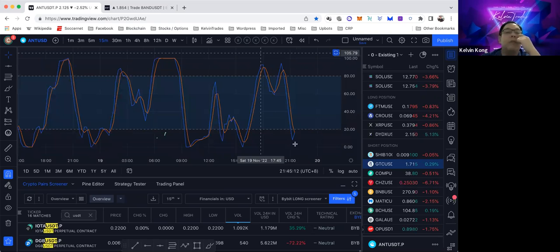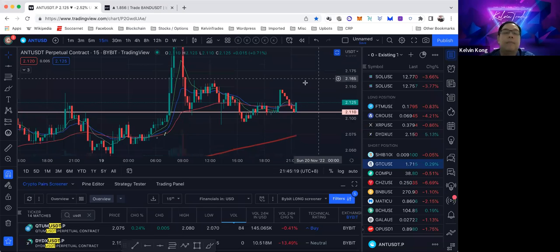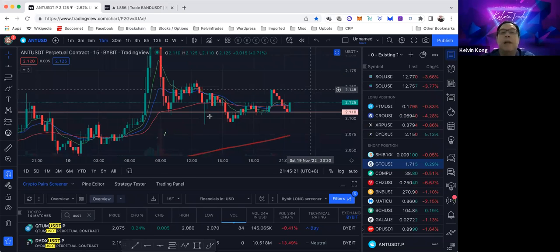The stochastic looks to be going up. Like I said, I don't like to trade when the stochastic is like this.